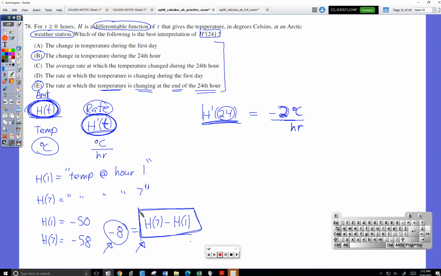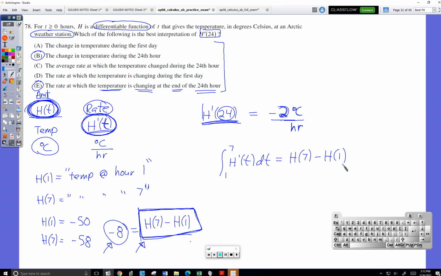Do either of you happen to remember what this right here will equal? H prime. Close. Equals the integral of h prime. So if I integrated h prime from 1 to 7, that integral would equal h of 7 subtract h of 1. With me?